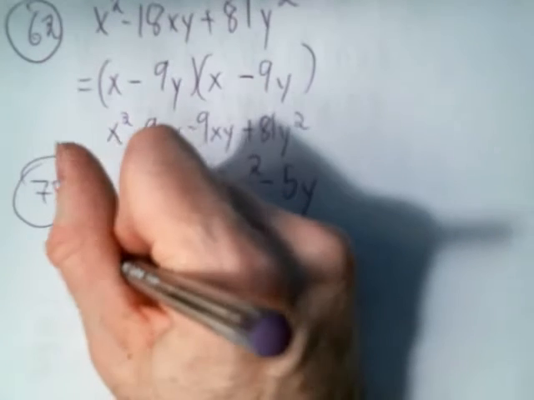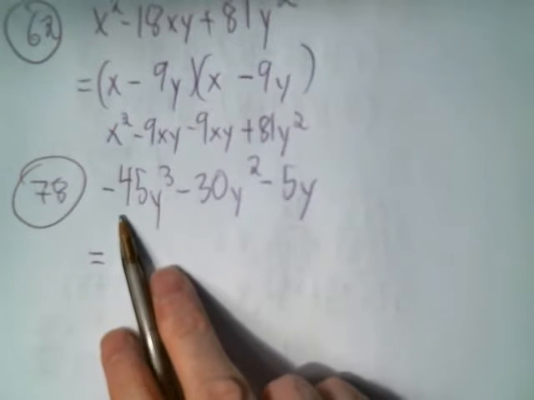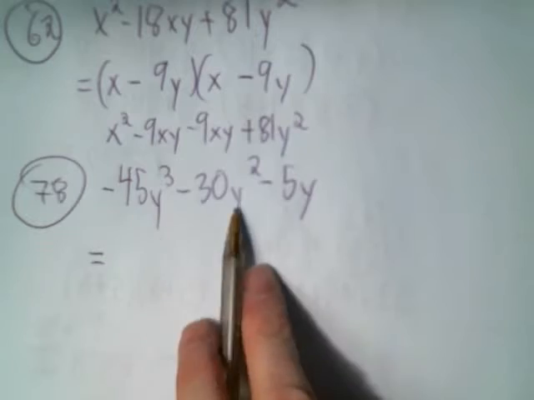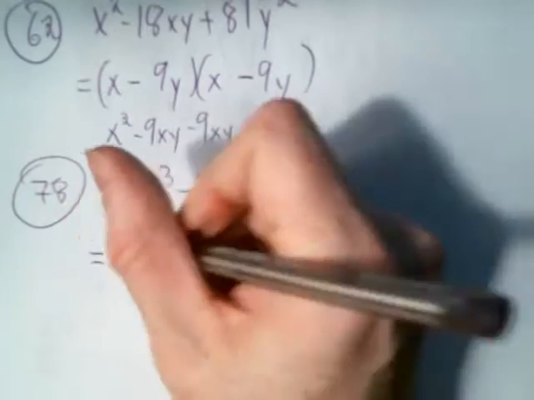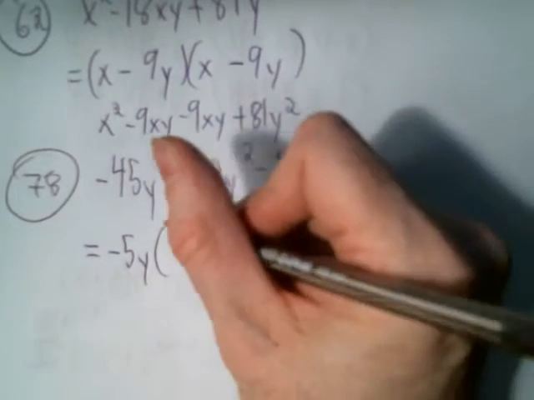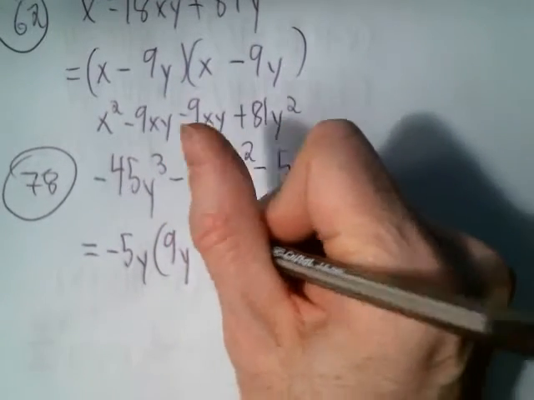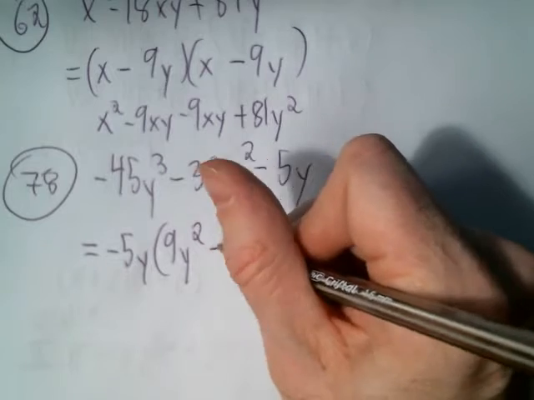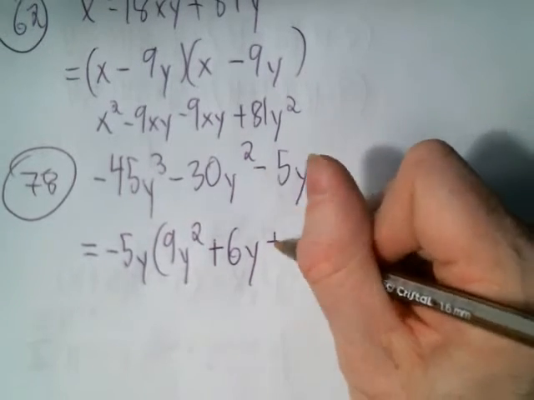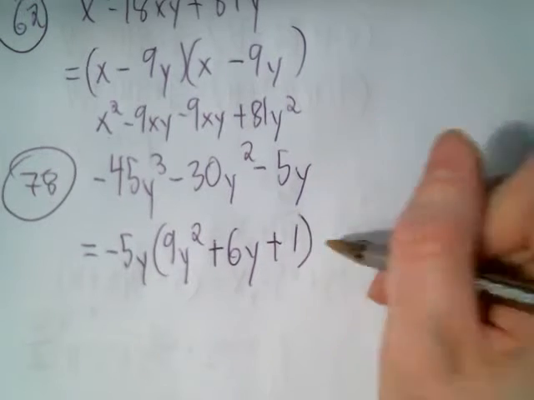So I want to factor out a negative first off. I can factor out a y. And then it looks like each one has a factor of 5. So negative 5y. The leftover parts, we have a 9y squared plus 6y, and then plus, I guess, 1.